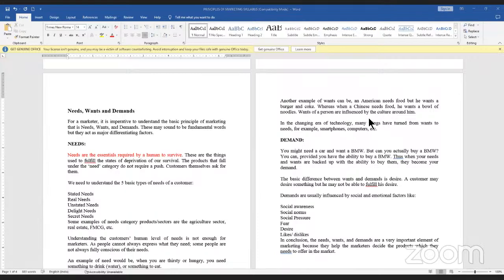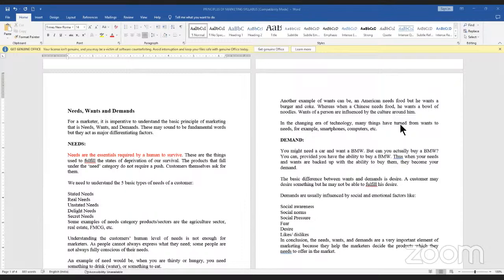Generally, we Indians mostly like our traditional conventional foods. Whereas in America, their food itself is different, right?